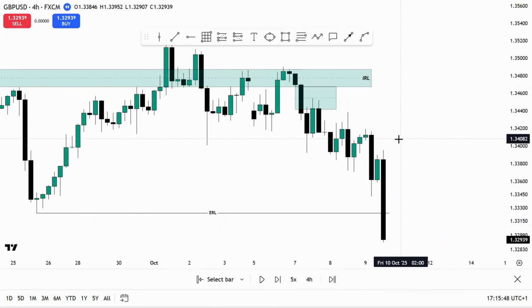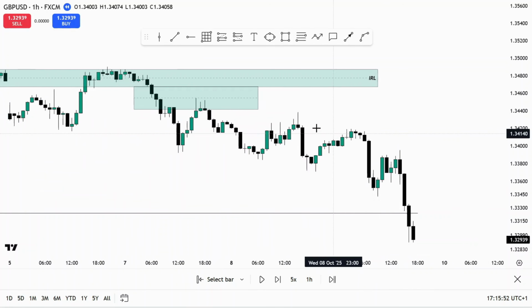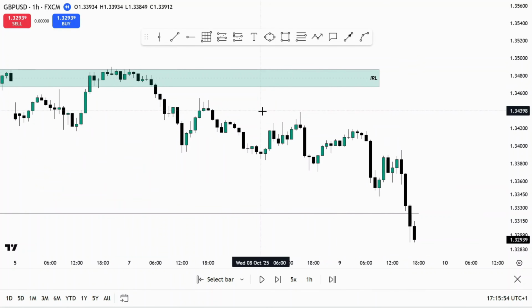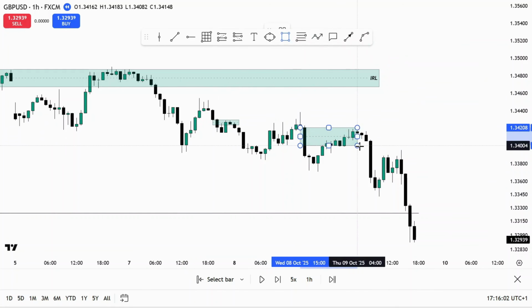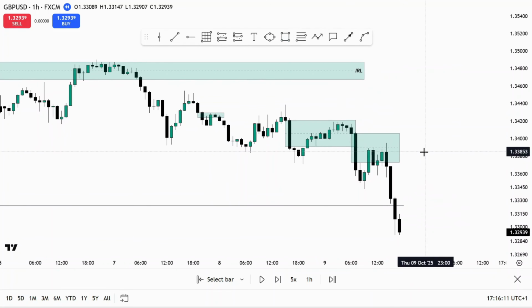If we refine further into the 1-hour time frame, you will notice multiple examples of the same concept. Here we have a 1-hour internal range liquidity, then another 1-hour internal range liquidity here, and another one formed here as well. Each of these structures can be used to frame a valid trade idea.